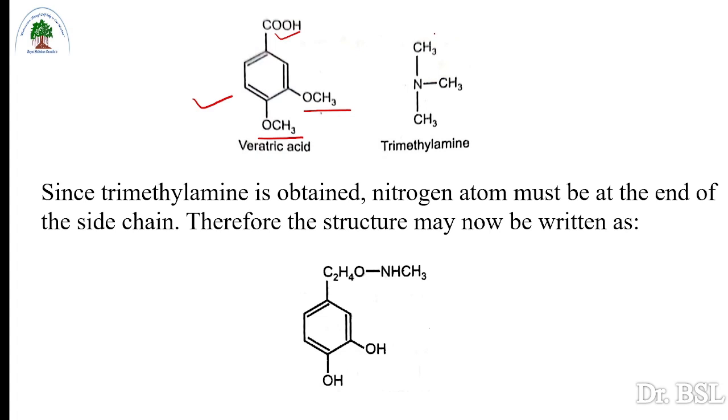Trimethylamine is another side product. Since trimethylamine is obtained, the nitrogen atom must be at the end of the side chain. Therefore, the structure may now be written with OH, OH already, and at the terminal NHCH3.